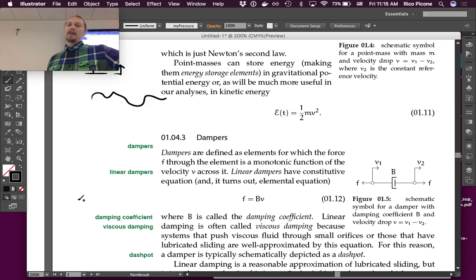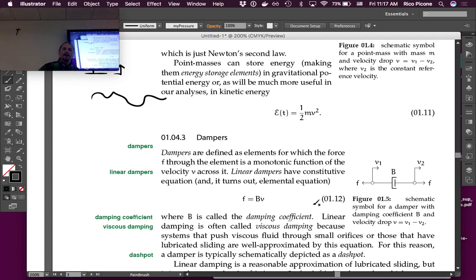Linear dampers have the constitutive equation, and it turns out elemental equation: force is equal to some damping coefficient B times the velocity across it. So it's already the elemental equation because the force and the velocity are already related. So you don't have to do anything to it.